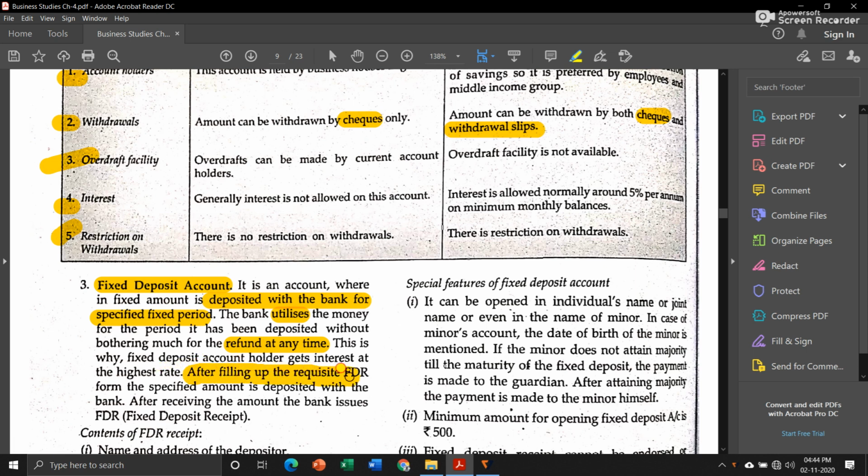Now, after filling up the requisite FDR, that is fixed deposit form, the specified amount is deposited with the bank.